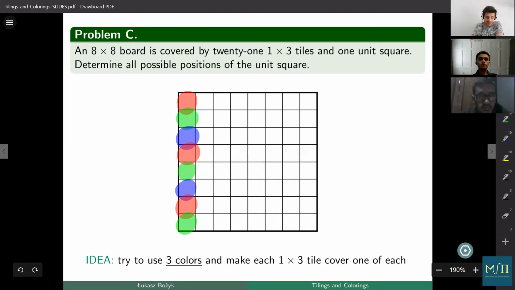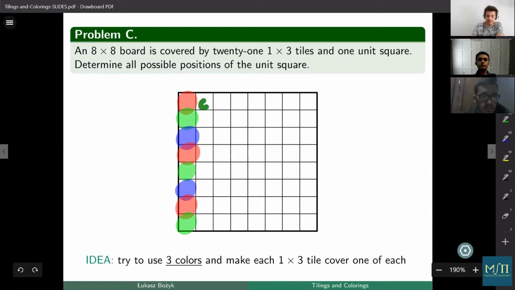So what to do next? Well, actually, we can, for example, try to color this cell. We know we cannot color it red because here is a potential tile that would have 2 reds inside. So this cell is either green or blue.